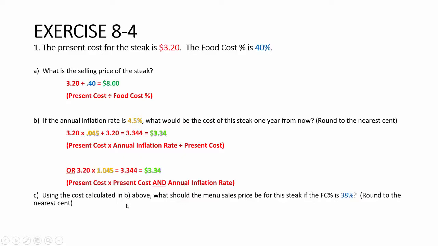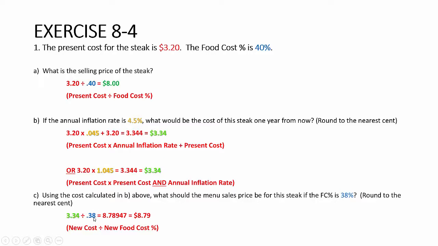The next question wants us to calculate using the cost calculated in B above. Here's the cost we just calculated. What would the menu sales price be today for the steak if we had a food cost percent of 38%? So again, we need to figure out the selling price. To do that, we need the food cost and a food cost percent. Using the cost we've just calculated in B, we have a cost of $3.34.